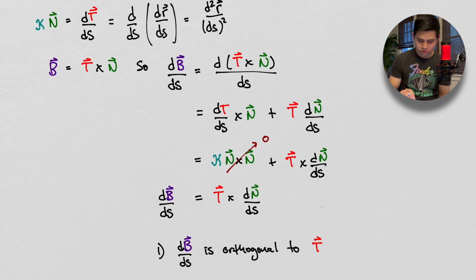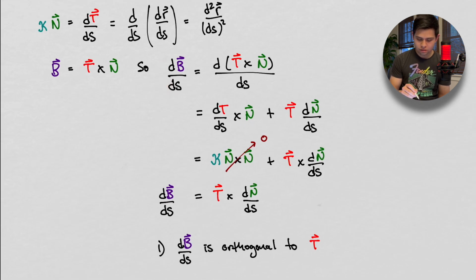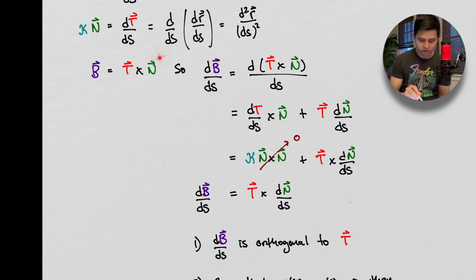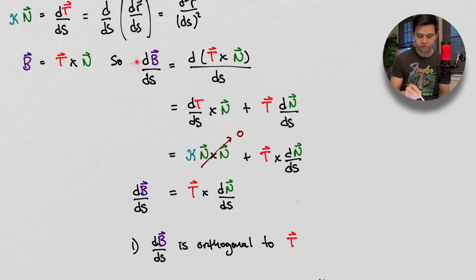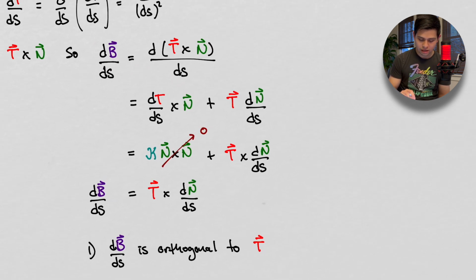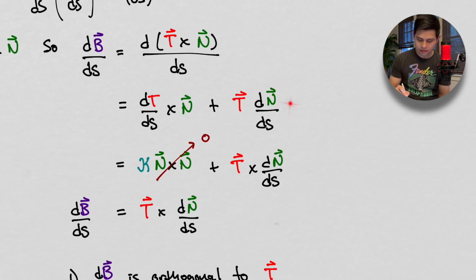So dB/ds: we can take the derivative of both sides of the equation with respect to the parameter, because we want to get an understanding of what dB/ds is. Well, that's going to be this. We can expand this out, and we get this.